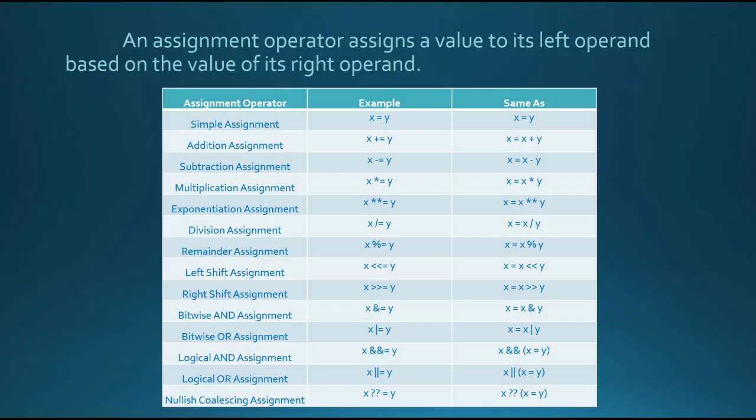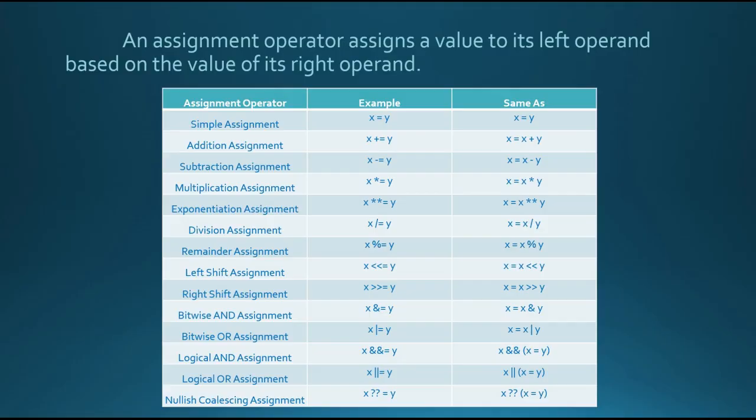Likewise, every binary arithmetic operator has a corresponding assignment operator to write a shorter piece of code. The addition assignment, +=, operator performs addition, which is either numeric addition or string concatenation, on the two operands, and assigns the result to the left operand.